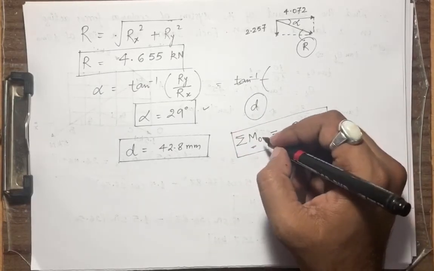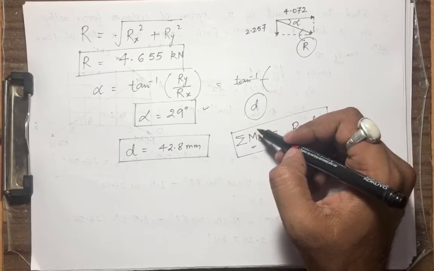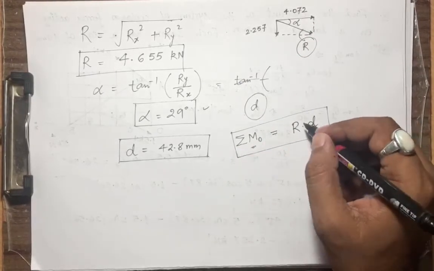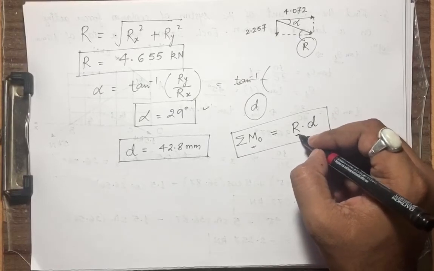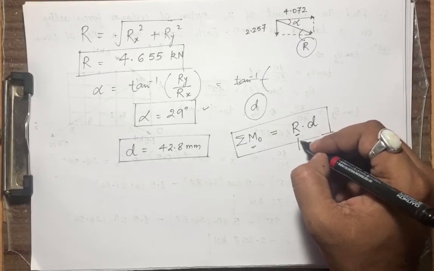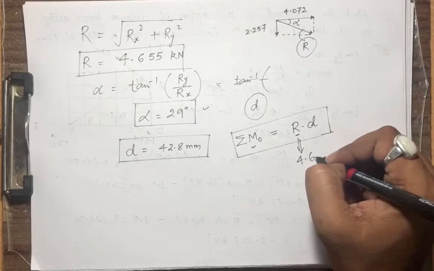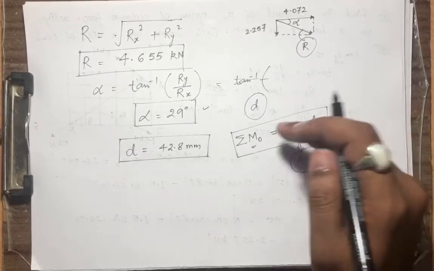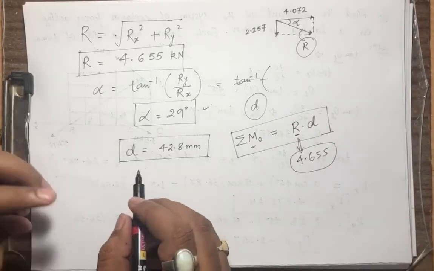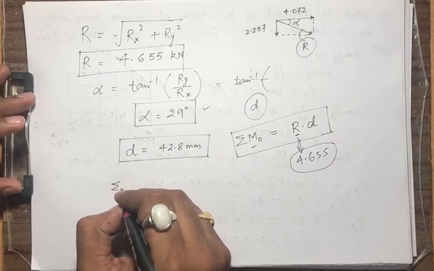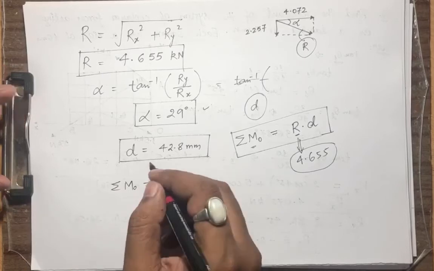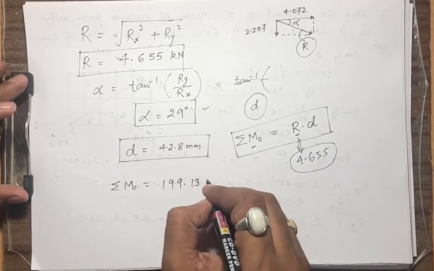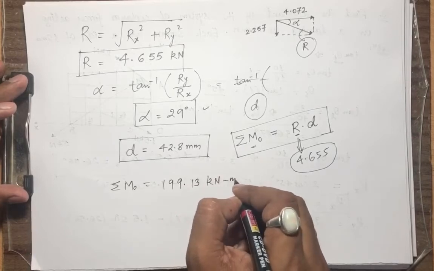Take moment about O, so for every force you have to calculate the distance from O, and that will be divided by R. R is 4.655. So summation of M O is coming out to be 199.13 kilonewton millimeter.